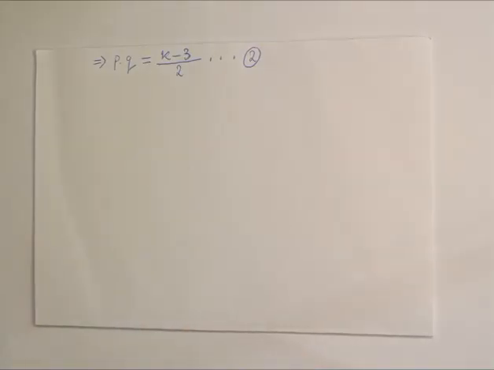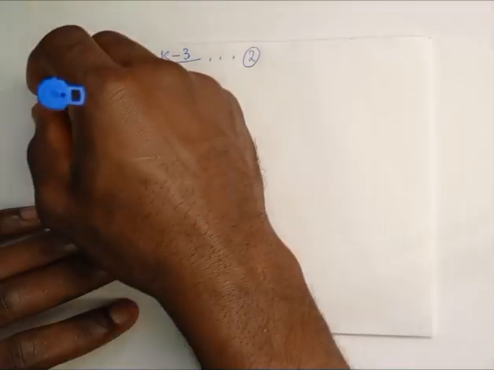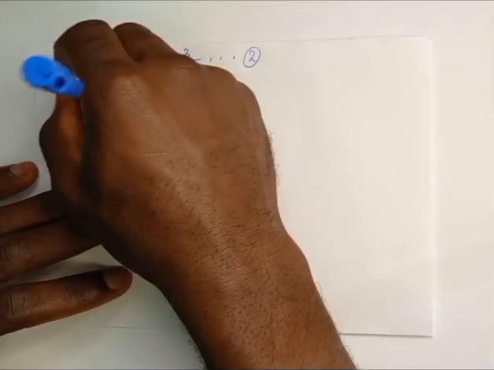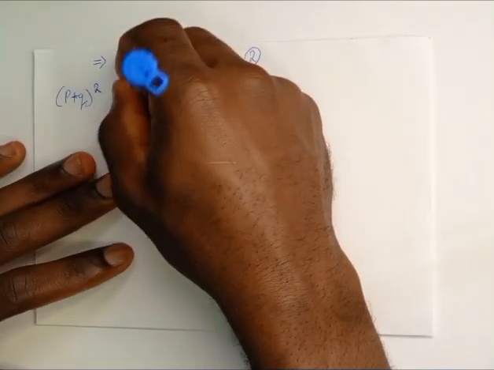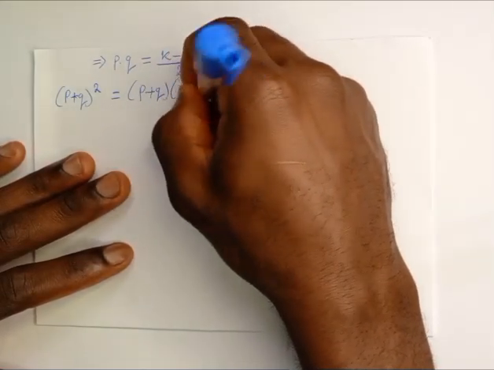Now we can proceed to find the equation with roots 1 plus p squared and 1 plus q squared. Before we proceed, we need the expansion of p plus q all squared. We know this is the same as p plus q times p plus q.